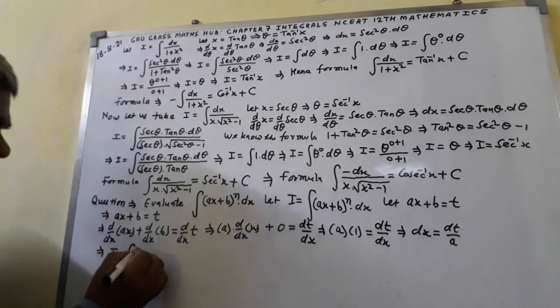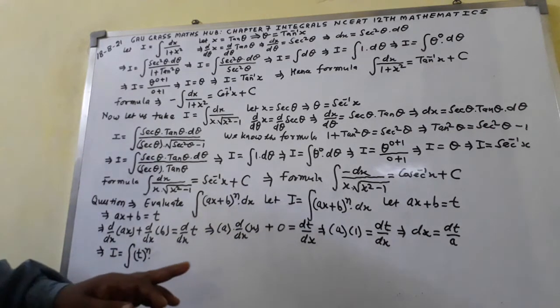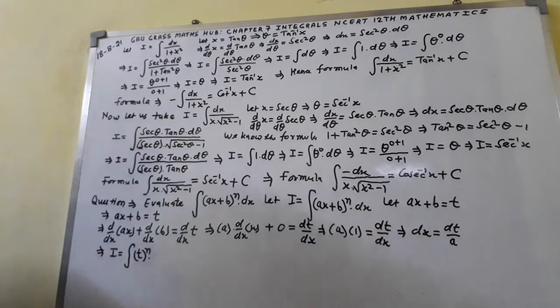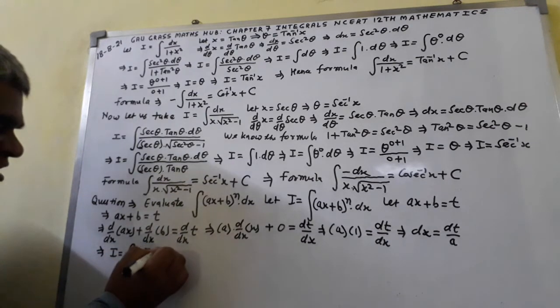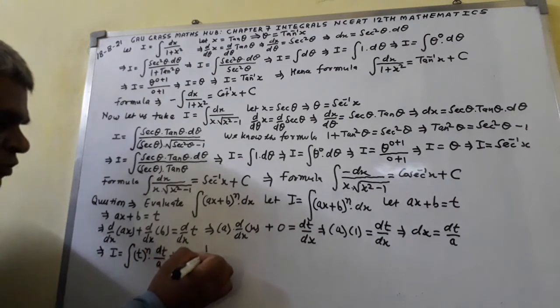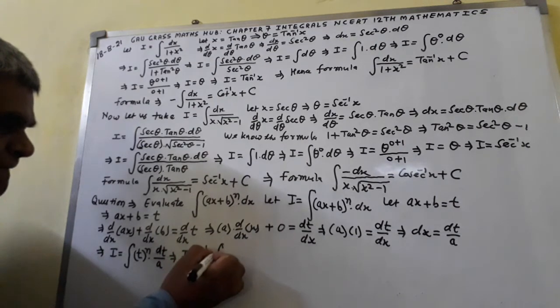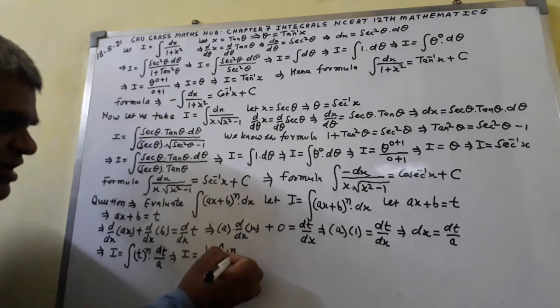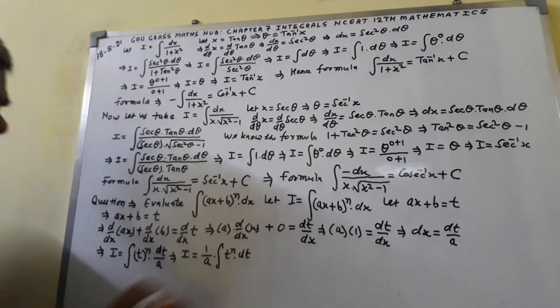So here write t raised to the power n, and in place of dx I shall write dt over a. Implied that I equal to 1 over a dot integral t raised to the power n dot dt.